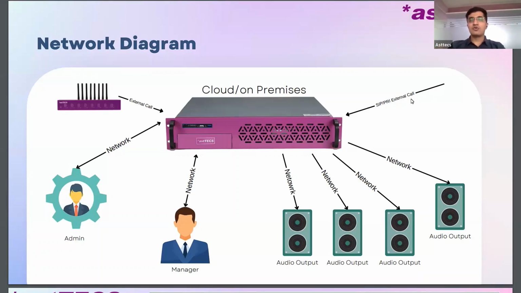Now, you might not want to ask the VP to go into the manager cabin, which is a technical room, and sit there and make the announcement. Rather, the VP would want to just pick up a phone and make the announcement, which can be done. So we can assign a number for the VP to dial. Once the VP dials the number, he can start talking, and it can be configured to announce all throughout the network. So this is possible.